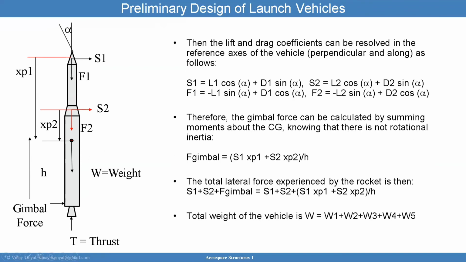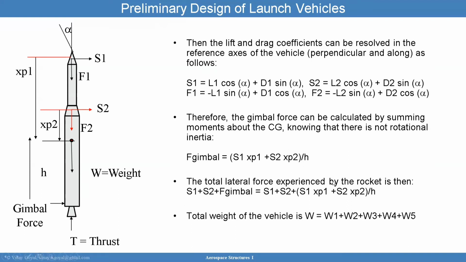The total lateral force experienced by the rocket is then S1, S2, and the F gimbal force here. All of them are traveling to the right, you can see that. But clearly the vehicle is not going bananas and starting to move laterally in space. It's getting balanced by the inertial forces in the lateral direction.